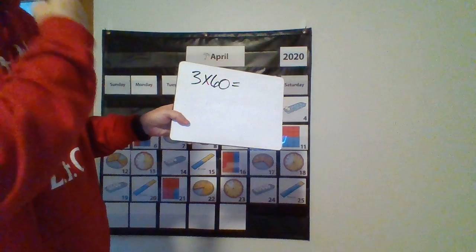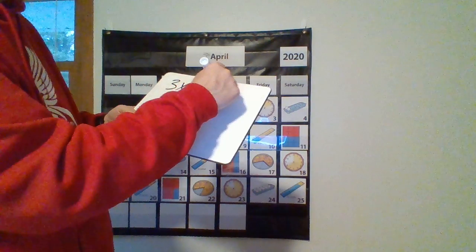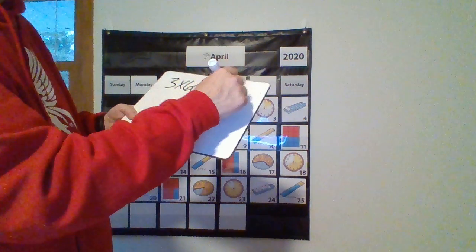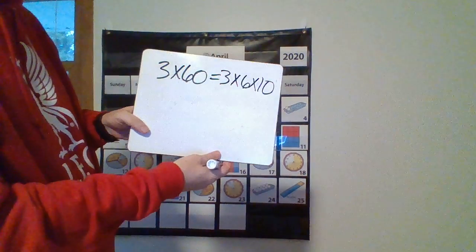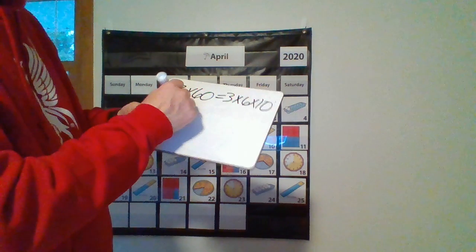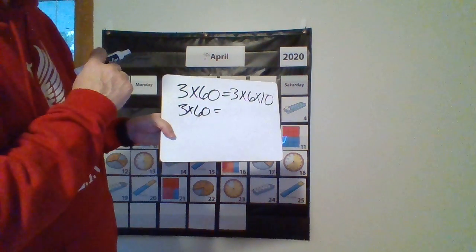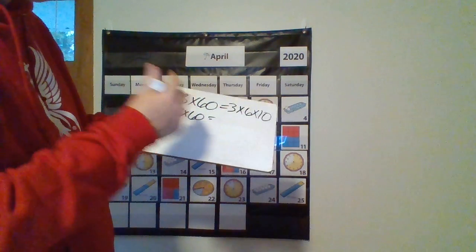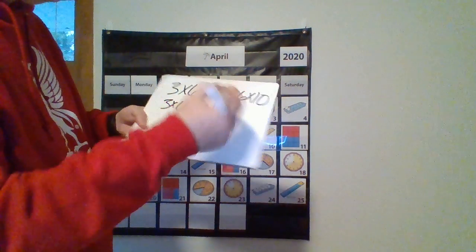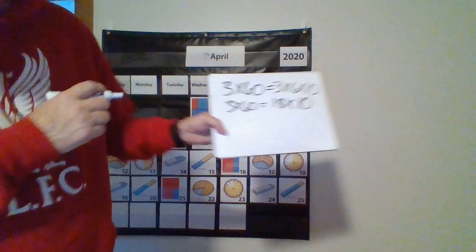So we have 3 times 60. What could I turn 60 into? 3 times 6 times 10, right? So 3 times 60 will equal, 3 times 6 is what? 3 groups of 6, 6 groups of 3, 18 times 10, right?